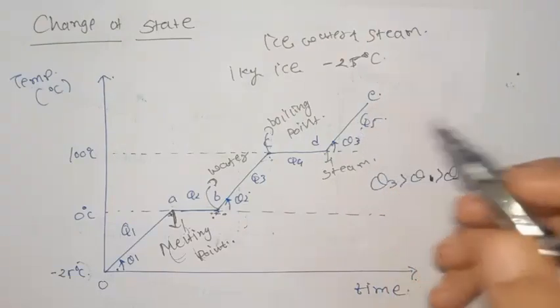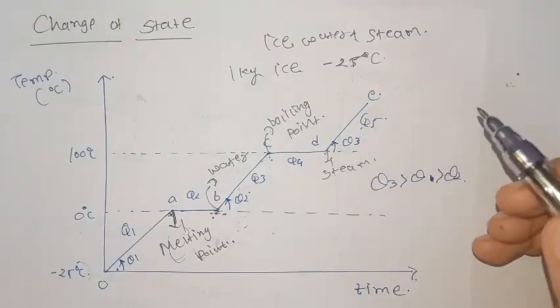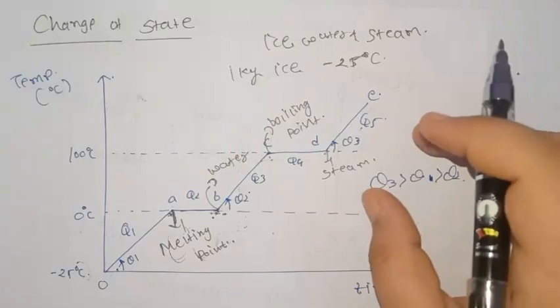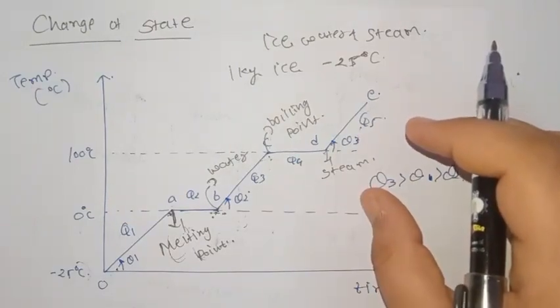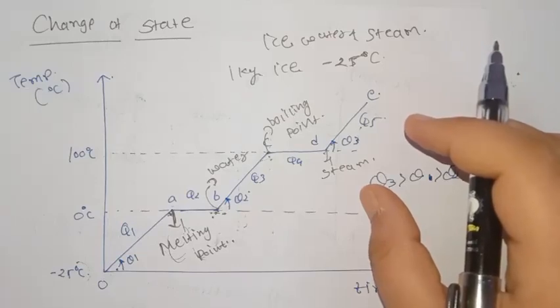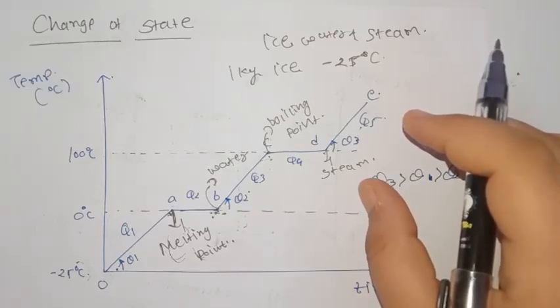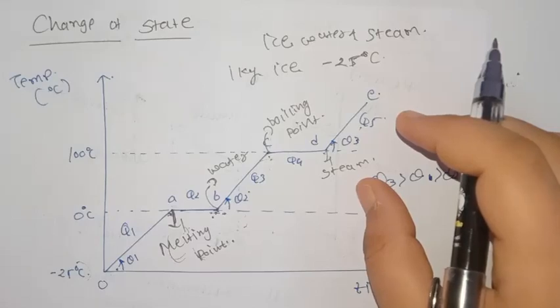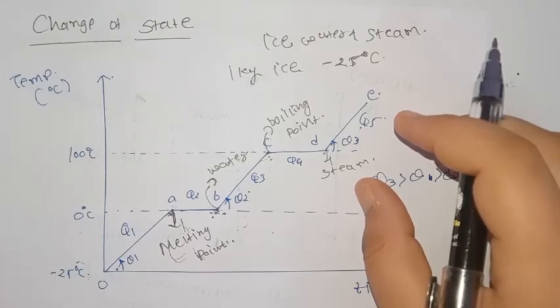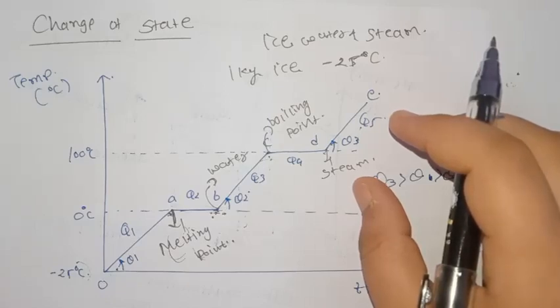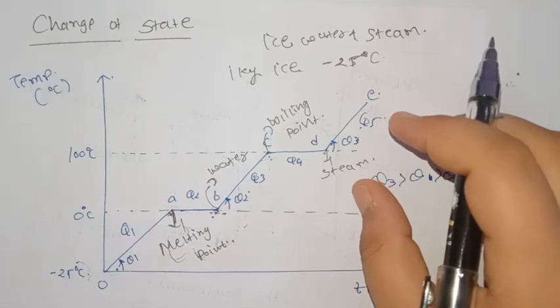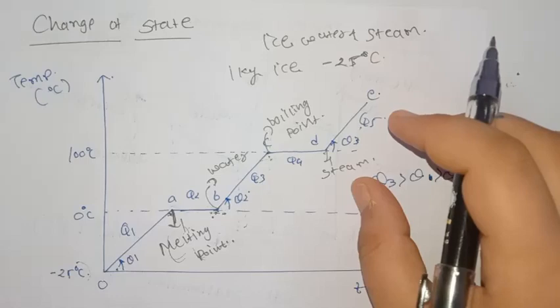The specific heat of steam is 0.48 kilocalorie per kg degree Celsius, so the temperature increases by 2.1 degrees Celsius per kilocalorie of heat supplied. The portion of the graph which represents the change in state has a steeper slope than those of portions OA and BC, corresponding to ice to water.